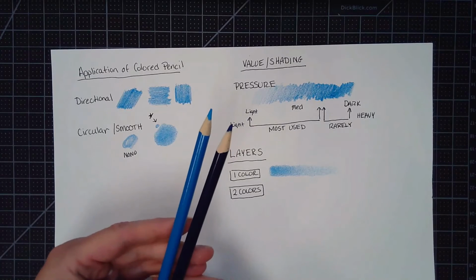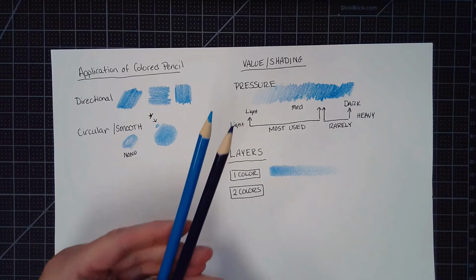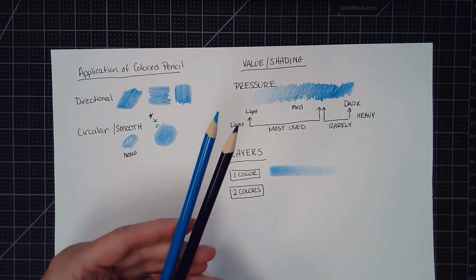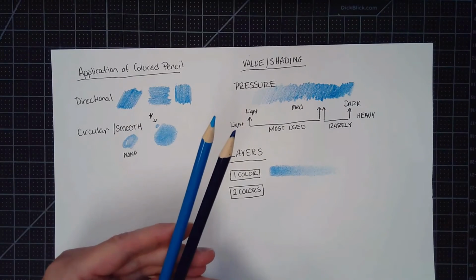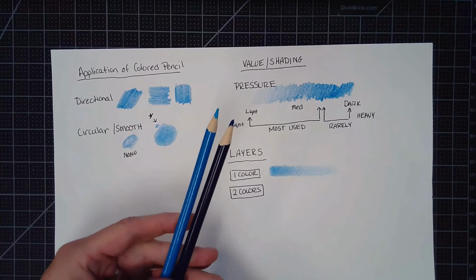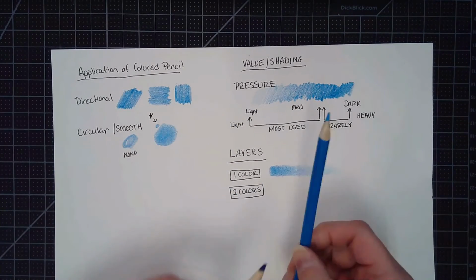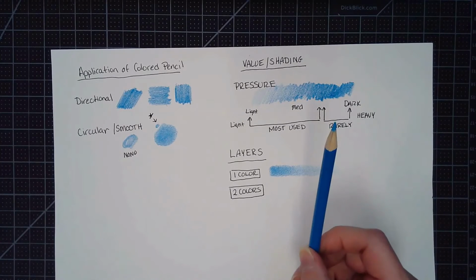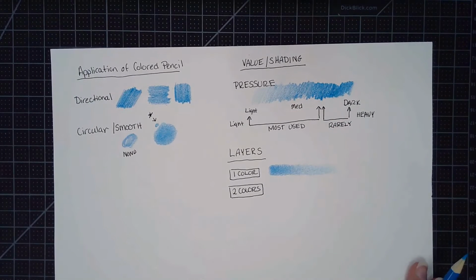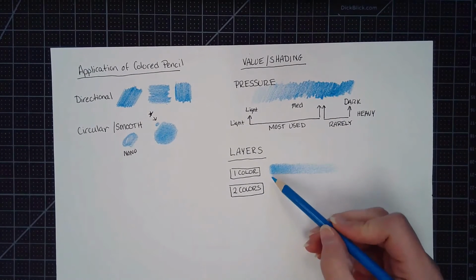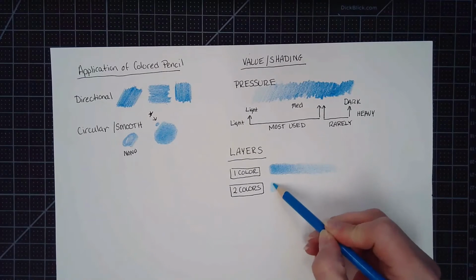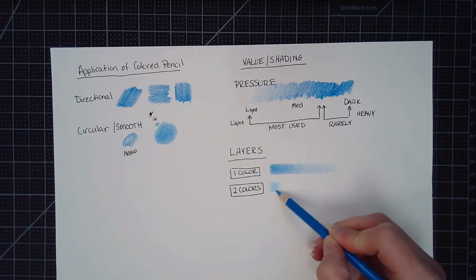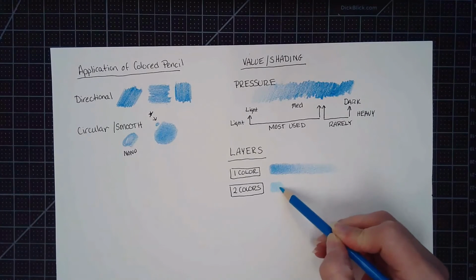Now anytime we work with applying color pencil, think of it as when you work with paint. You should have learned in elementary school that you always start with the lightest color and add to it. So I'm going to start again at about a medium pressure. I'm going to apply some of my light value, my light blue, onto my paper.